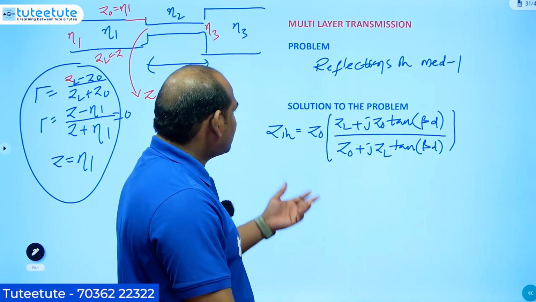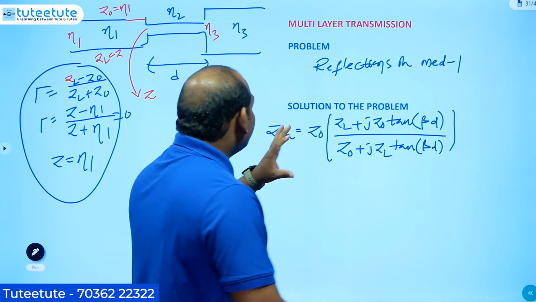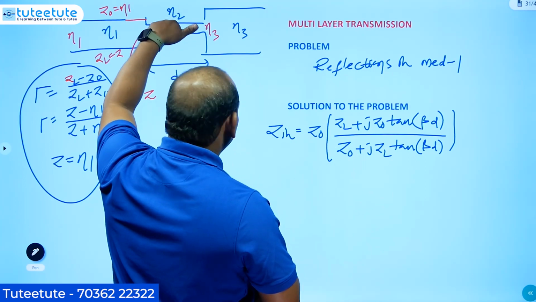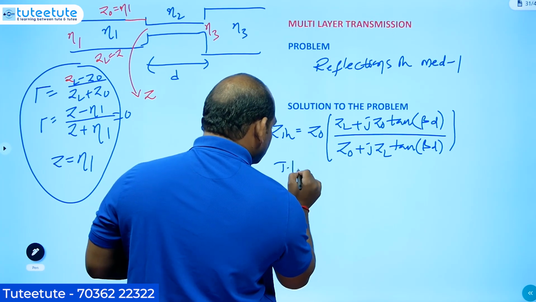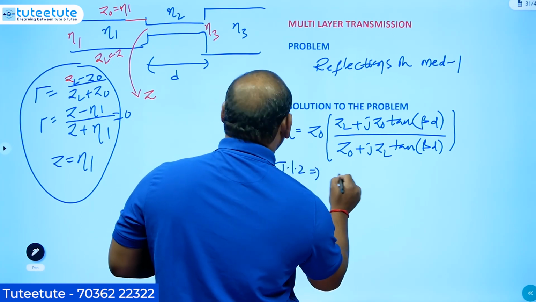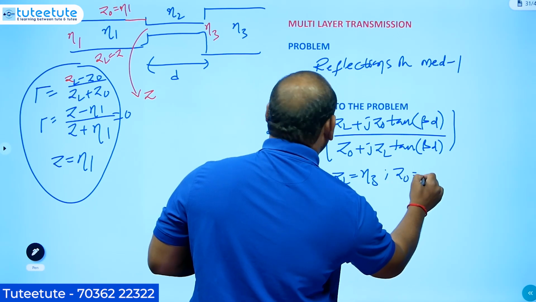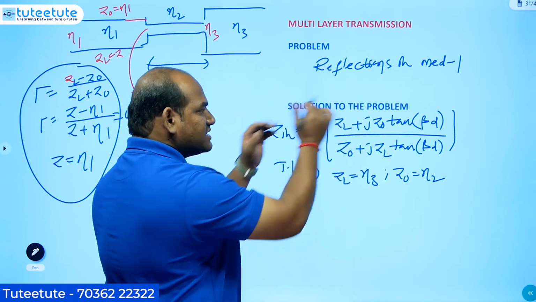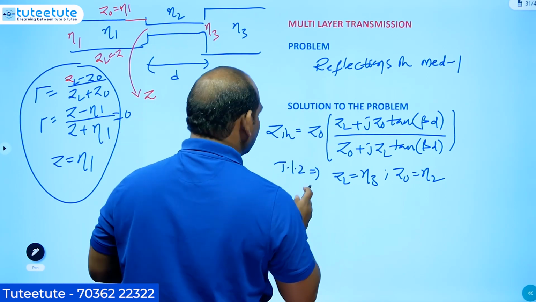In transmission line theory, input impedance is given by this formula, and we are looking at transmission line 2. In this case, what is ZL? Eta 3. And what is Z0? Eta 2. Substitute these things here, then you will get its input impedance, and we are representing that with Z.